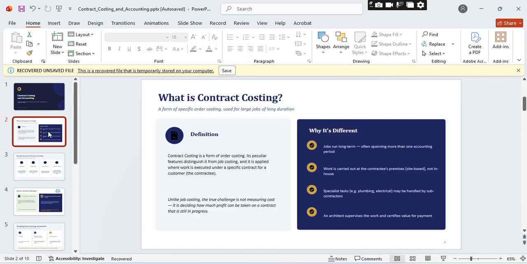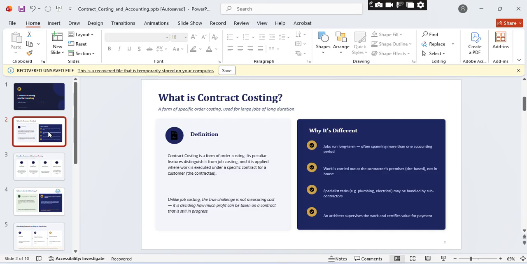That is, it must be site-based, unlike job costing, where the customer would have to go to the individual or the company's office or workshop to carry out the transaction. But in this case, work is carried out at the contractee's premises, not in-house.